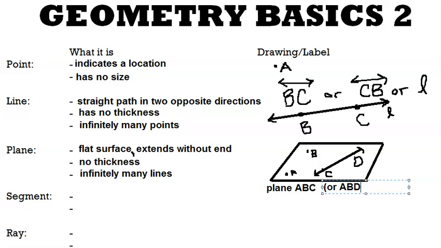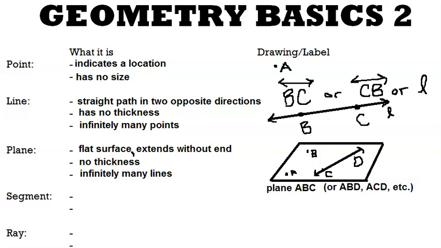What if there are more than 3 points on the plane? Well, use 3 anyway. We designate a plane using 3 letters, which means no matter how many letters are actually on the plane, only use 3. Okay? That's going to be a question someday. Be ready for it. All right.